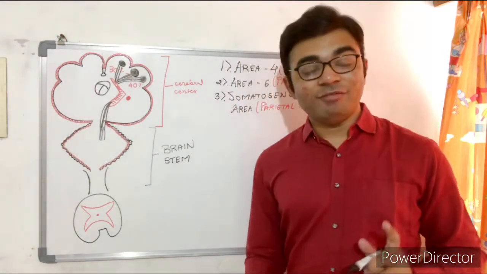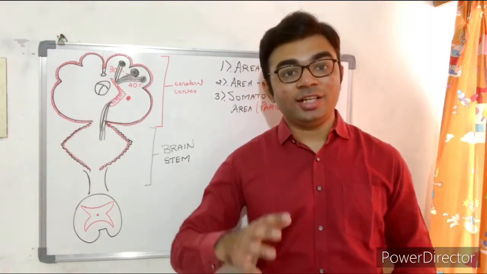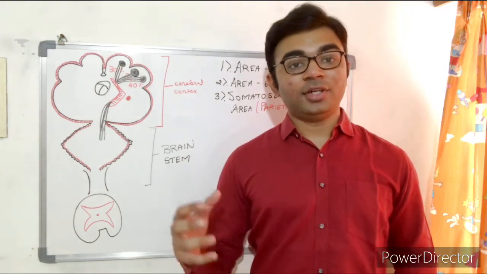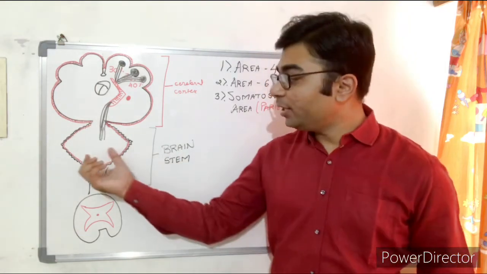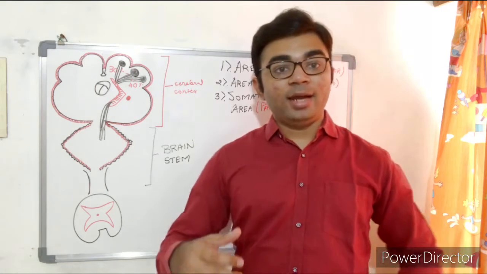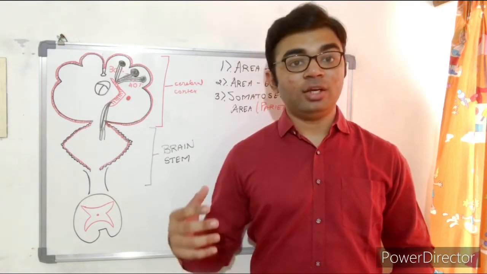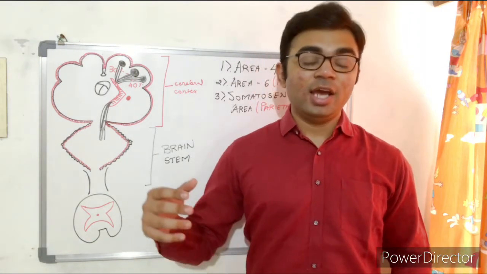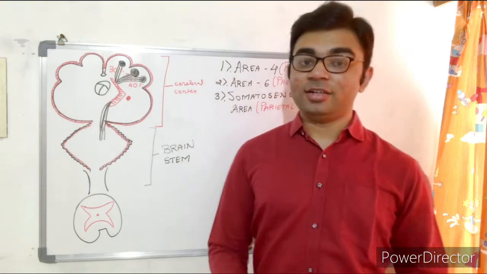So the pons is a very important structure because it contains many nuclei which are responsible for vital functions of our body. It also gives origin to many of the cranial nerves. It also has the cardiorespiratory center and many other centers.